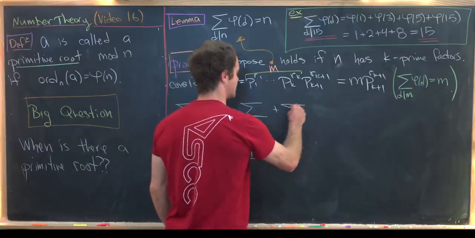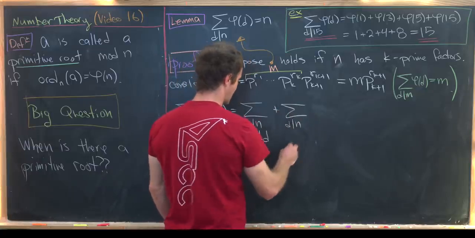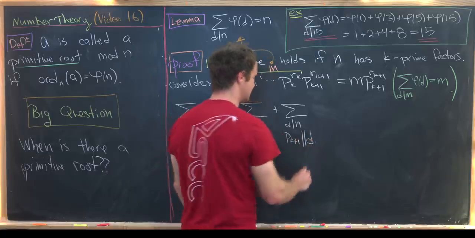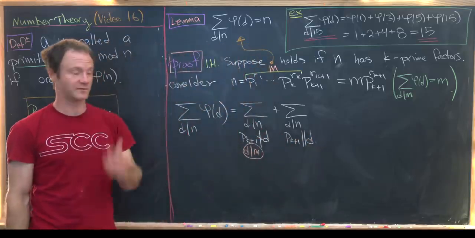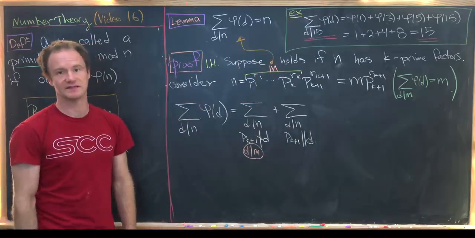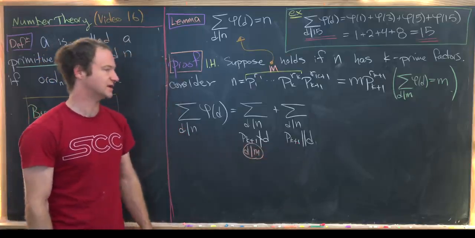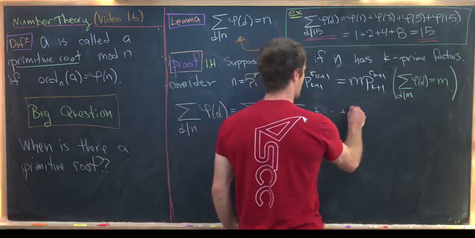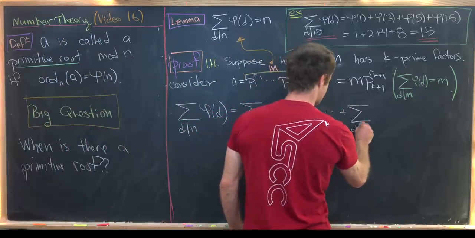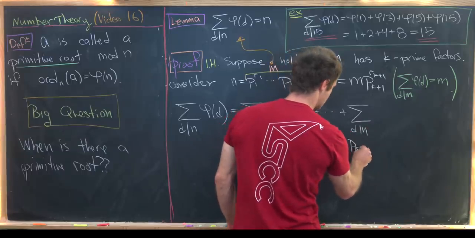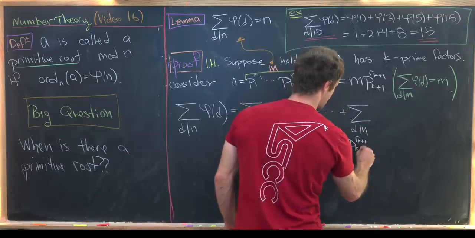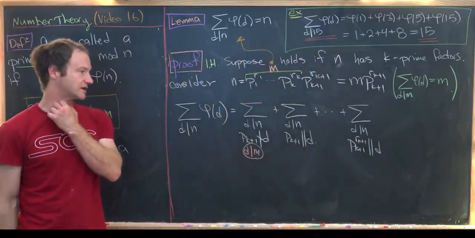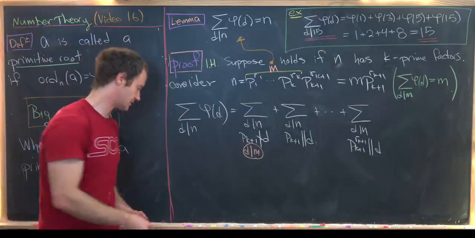So the next will be this sum over the divisors of n where p sub k plus 1 divides into d, but no larger power of p sub k plus 1 divides into d. So I'll note that with this double divisibility sign. And then we'll work that all the way up to the sum over the divisors of n where the largest power of p sub k plus 1 divides into d. In other words, p sub k plus 1 to the r sub k plus 1.